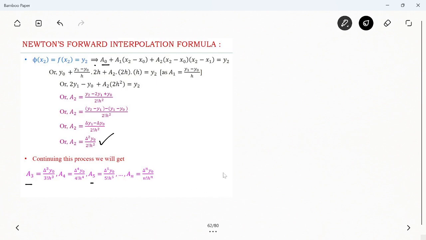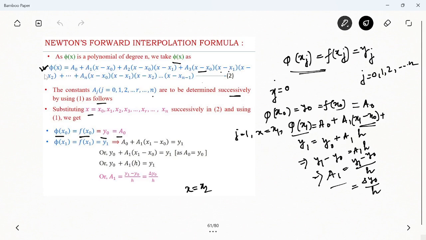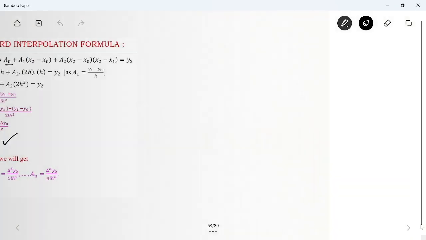Now we are getting all the constants. Now we put all the constants in this polynomial. Then what are we getting? I am showing you.